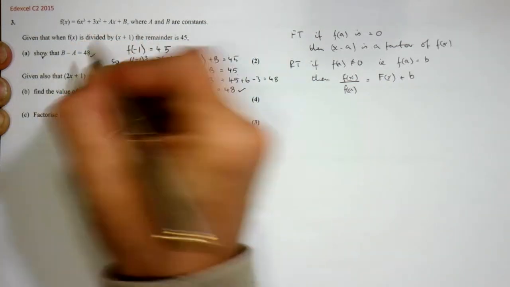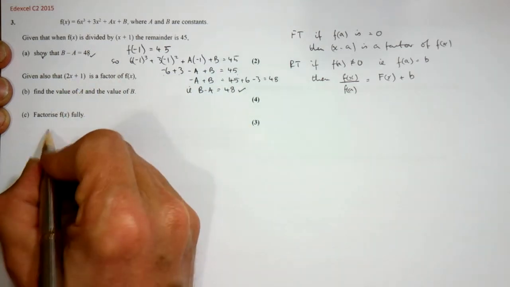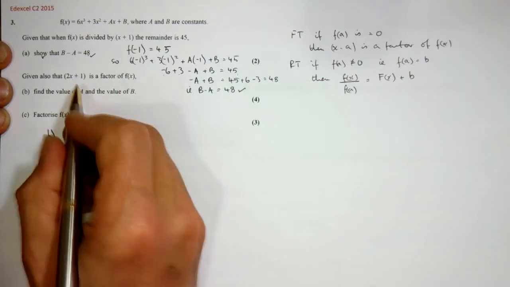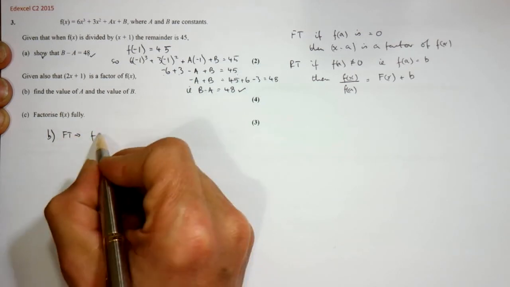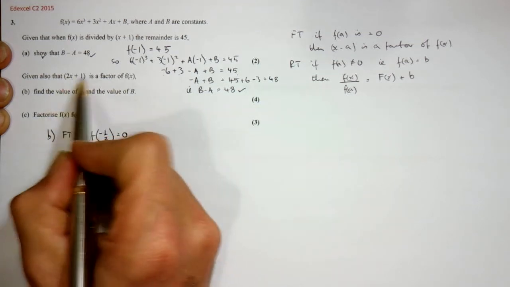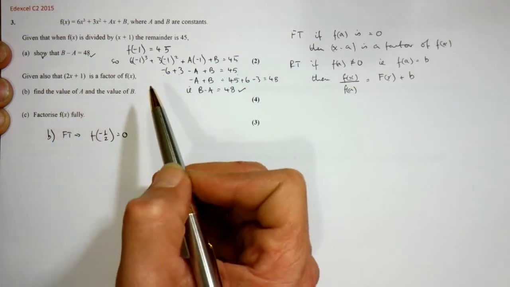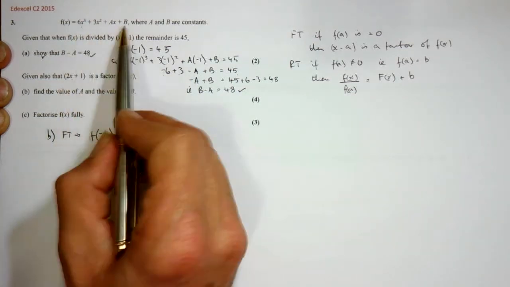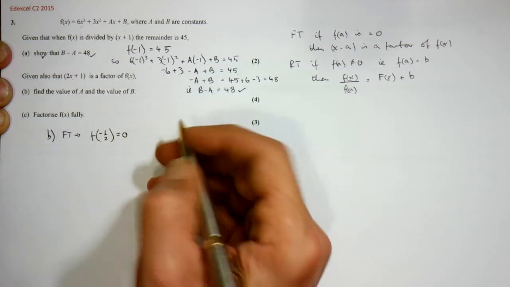Hooray. Given also that 2x plus 1 is a factor of f of x, so down here we'll do part b, then the factor theorem says f of minus a half is equal to 0. Solve the bracket equal to 0, 2x plus 1 equals 0, x equals minus half. When we sub minus half into our function, the value will be 0.